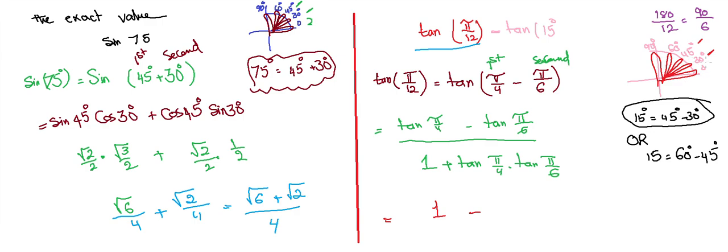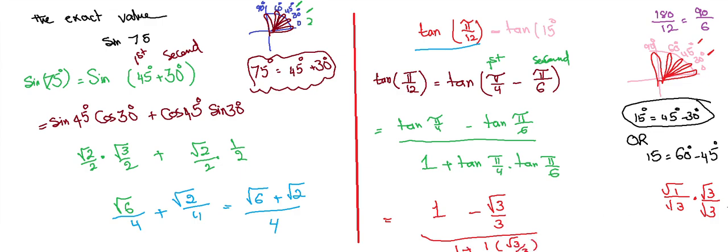Here I have sine over cosine, so radical 1 over radical 3. Here I have to rationalize, so radical 3 up and down. So it's going to be radical 3 over 3. Over here, 1 minus 1 times radical 3 over 3.